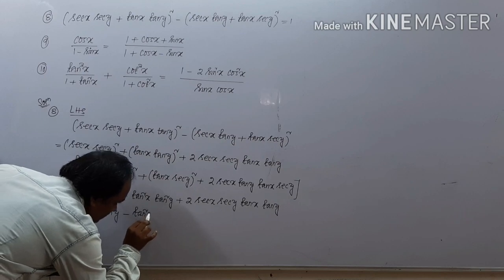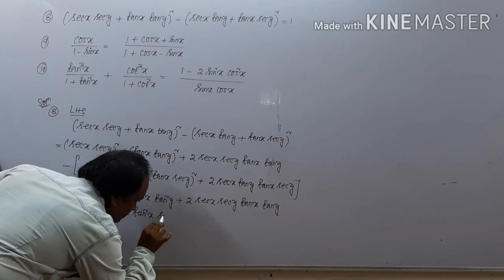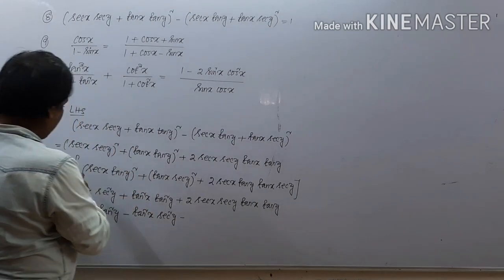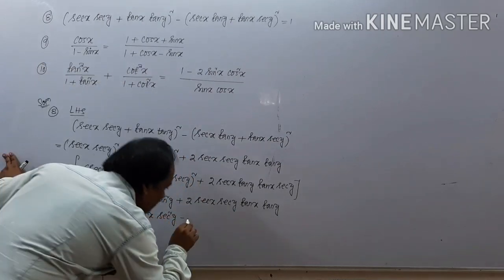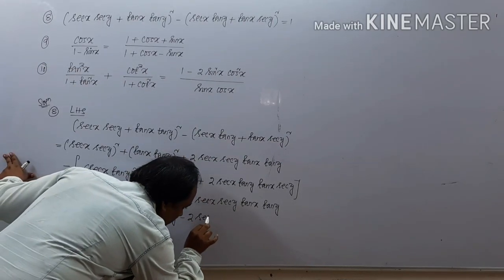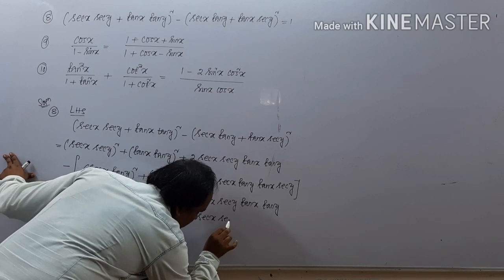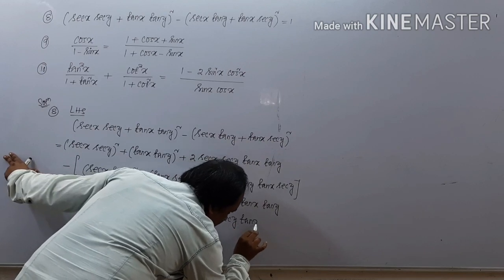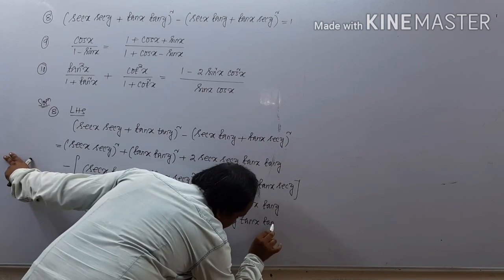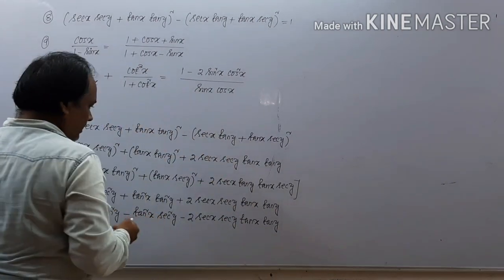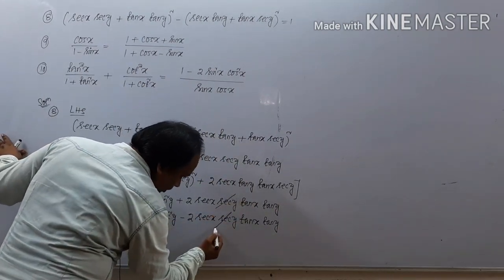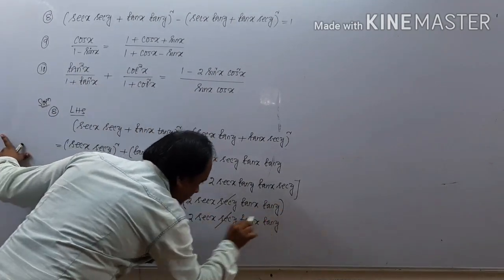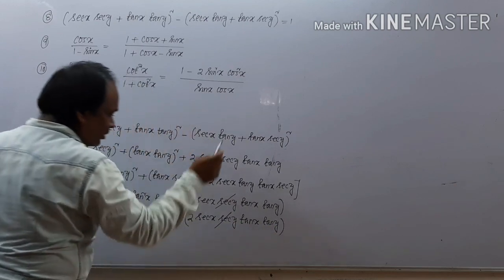This is tan square x sec square y, minus, again minus multiplied to plus, clearly it is minus. This is 2 sec x sec y tan x tan y. I will write in this manner, right? So that this particular whole term and this whole term will cancel out.